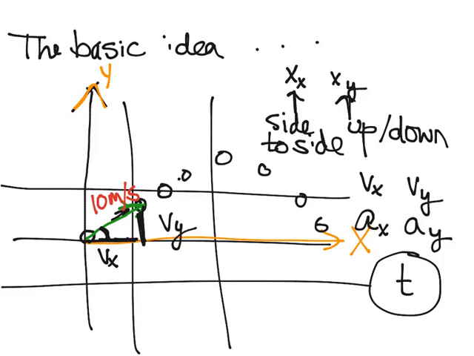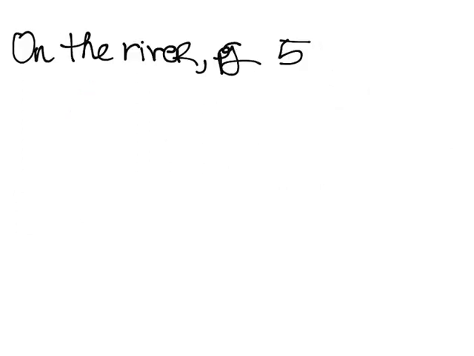As we go through this, keep that in mind. That's what I mean by thinking in two dimensions. You're not just thinking about things moving up and down and side to side, but you're thinking about breaking the movement up into up and down movement versus side to side movement.